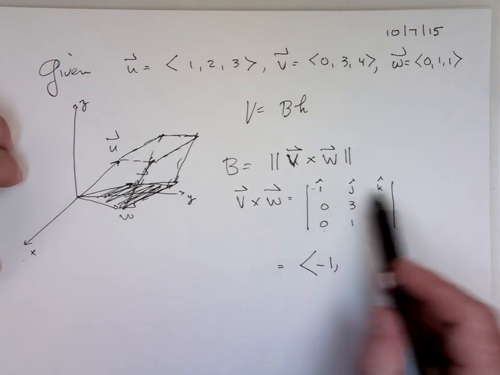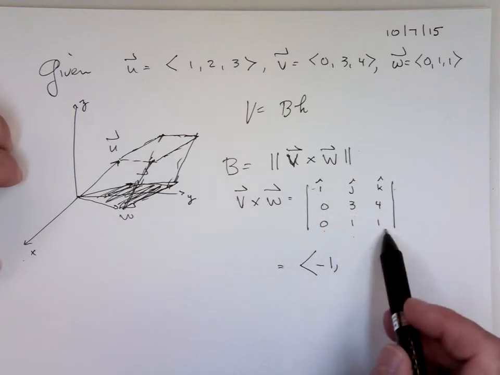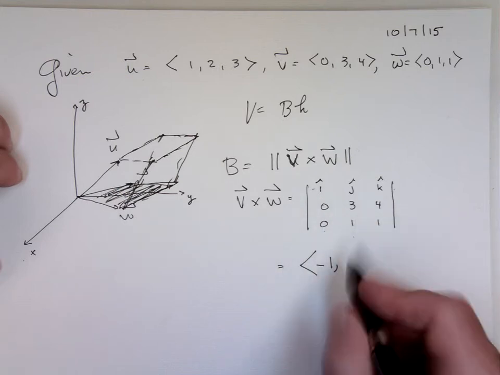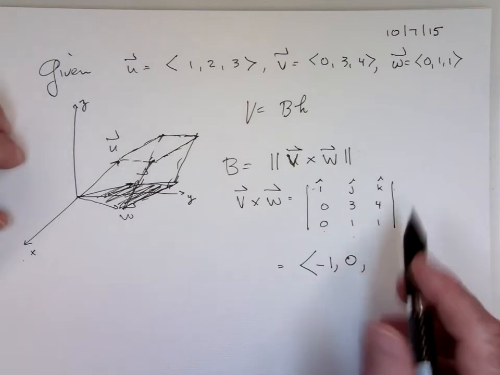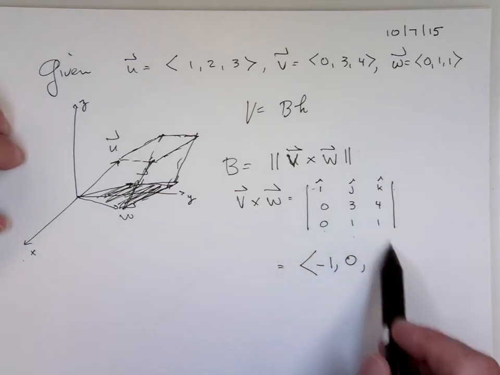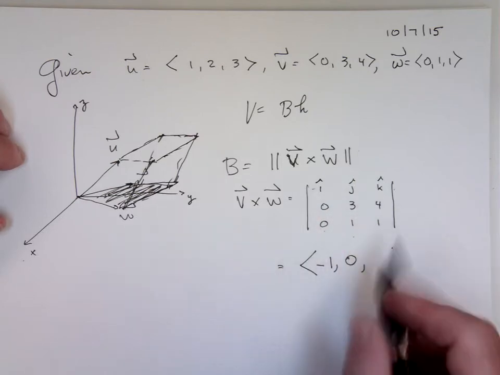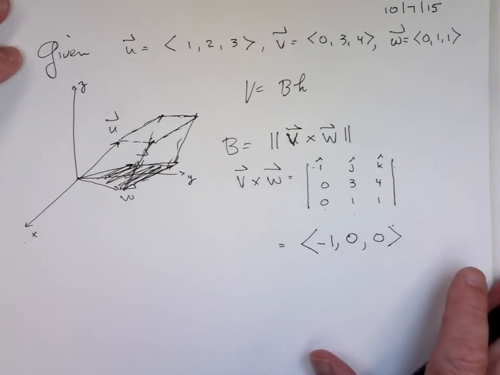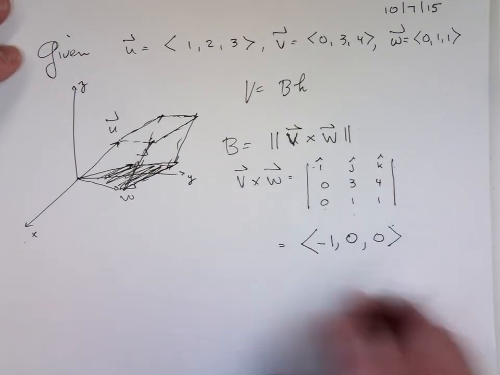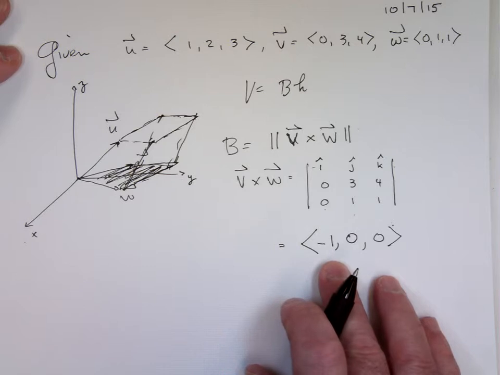And then you cross this out and you cross this out. You'll have 0 minus 0. And it's the middle, so you have to take its opposite, but it's a 0, so we don't care. And then you have this and this crossed out for the k component, and that's 0 minus 0 again. So, V cross W is the vector (-1, 0, 0).